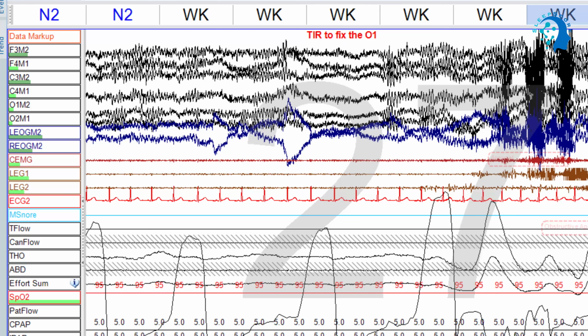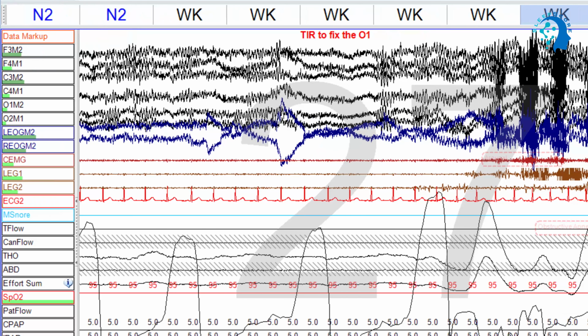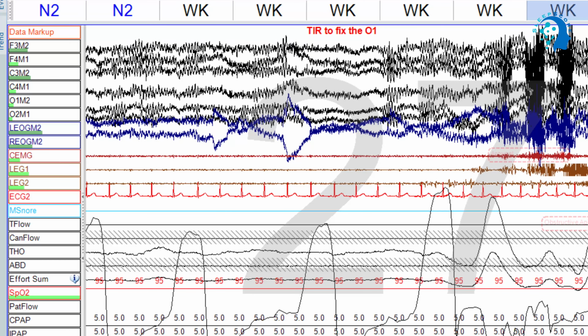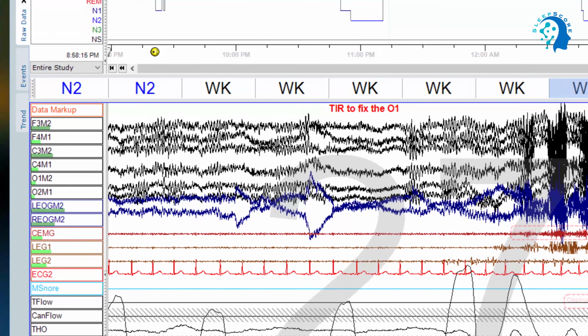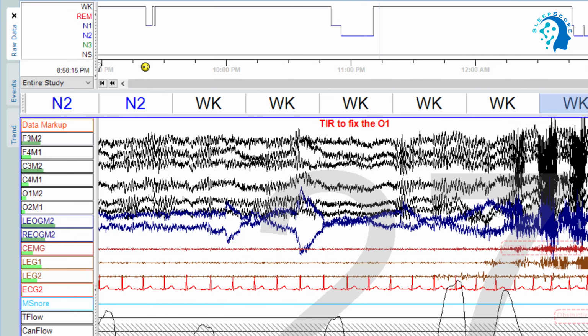So what I did is, on the system, on the side here, look at this side here, event, right? This is event. Can you see this?